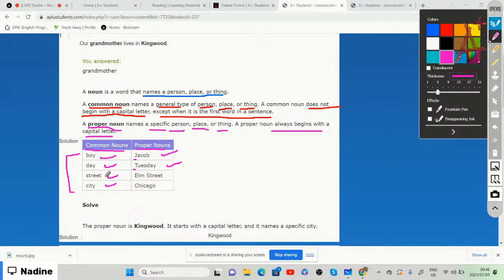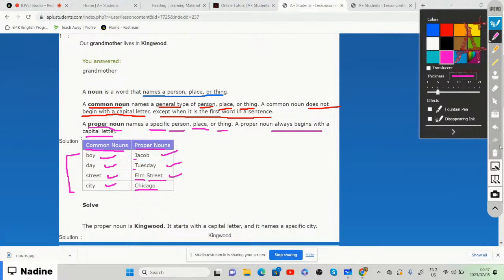Instead of just using a general street, because this can be any street, it is identifying Elm Street, and that is also written with a capital letter. And instead of just mentioning any random city, or a general city, we can then specify by saying Chicago City, and that also starts with a capital letter, right?